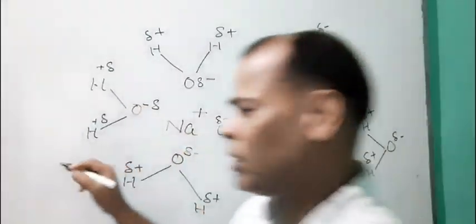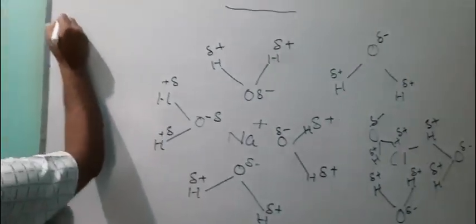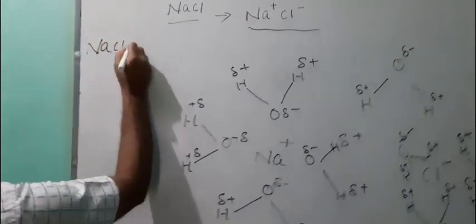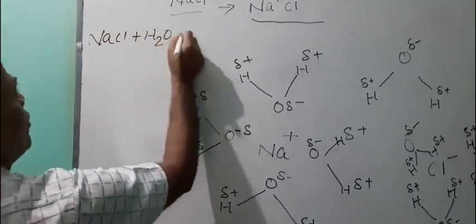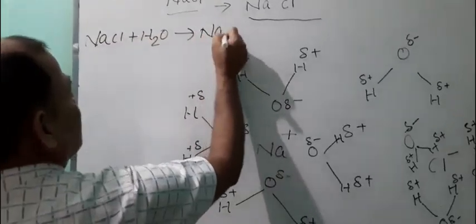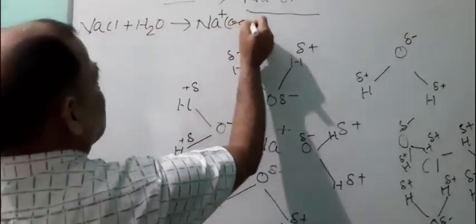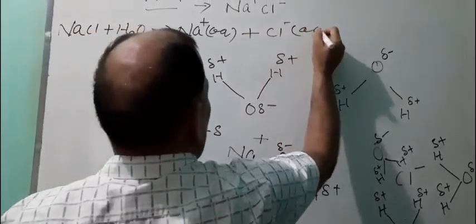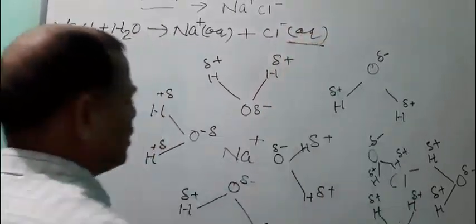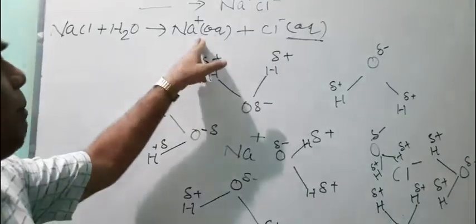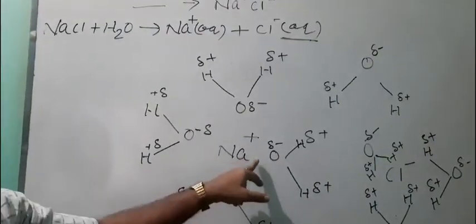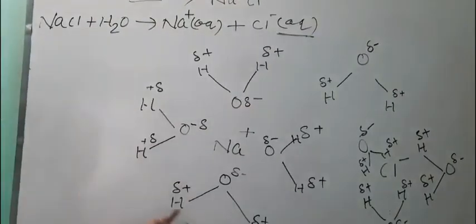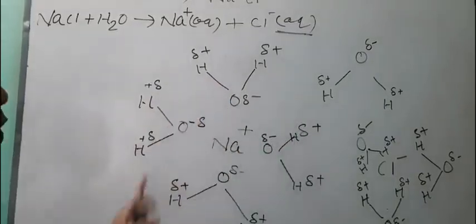So that's why, in short, we write NaCl plus water gives Na plus aqueous plus Cl minus aqueous. Here you see why we write Na plus aqueous: because Na plus is surrounded by water molecules.